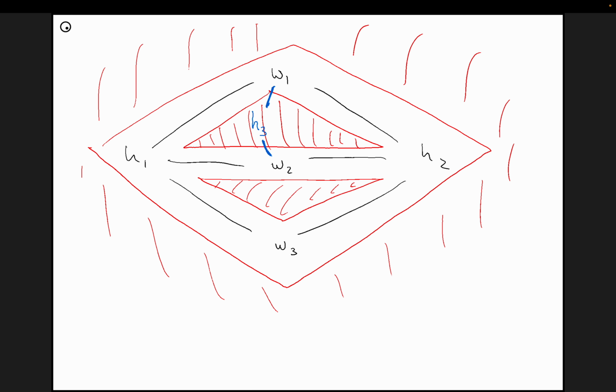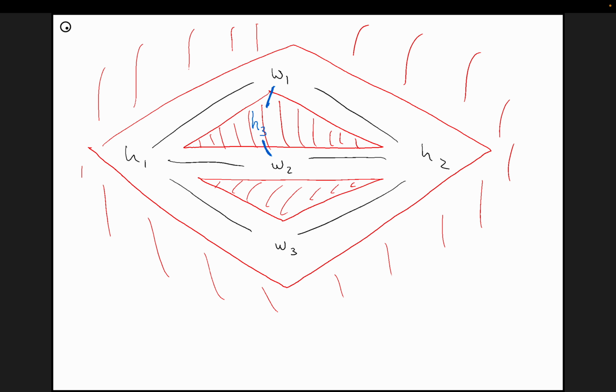We are kind of trapped in this area up here. So we are trapped here, and there is no path to the well 3 without crossing, namely here.